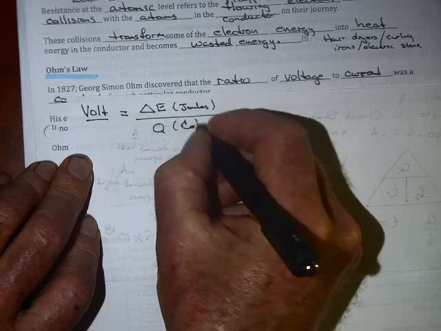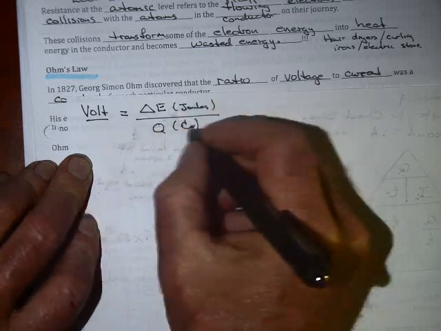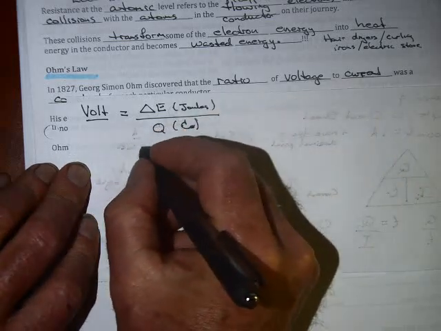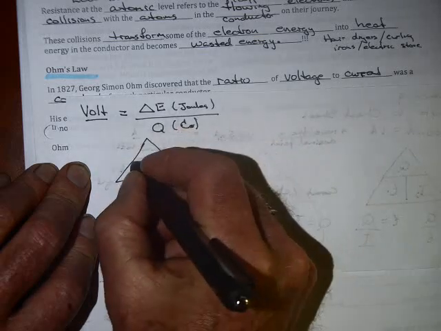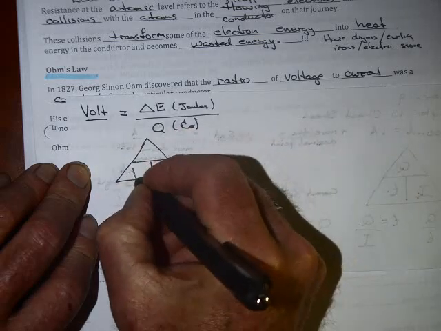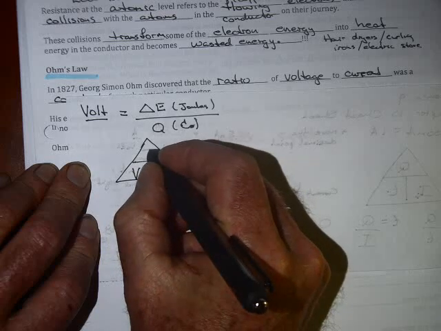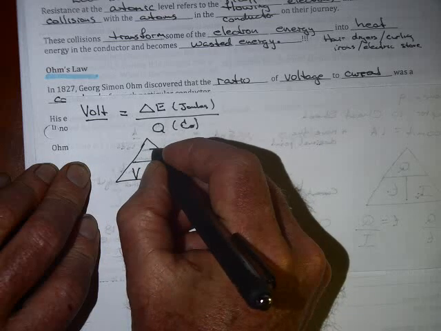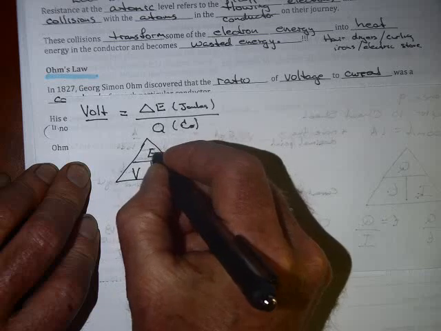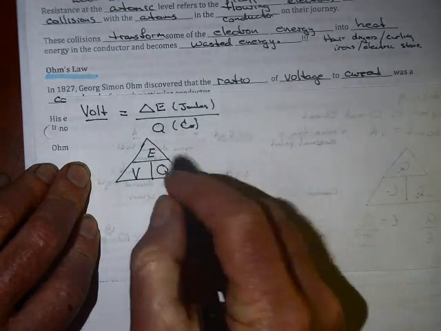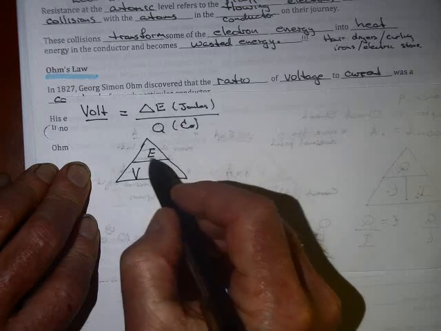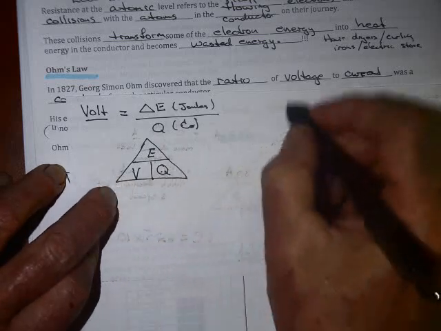I'm just going to put C. Okay? So this has a magic triangle, so that if I give you any two of these, you can solve for the third.